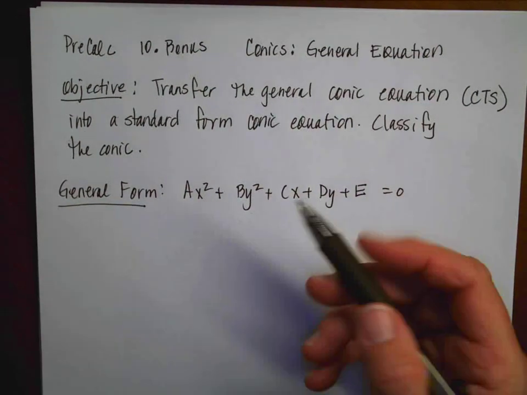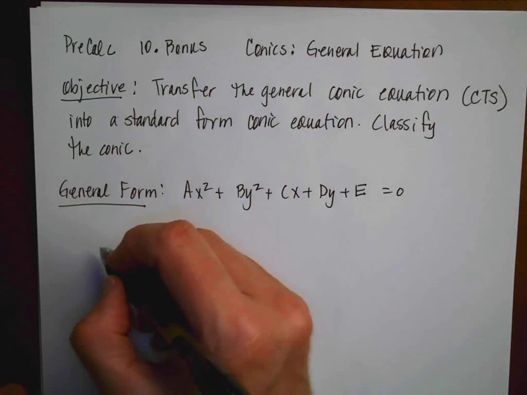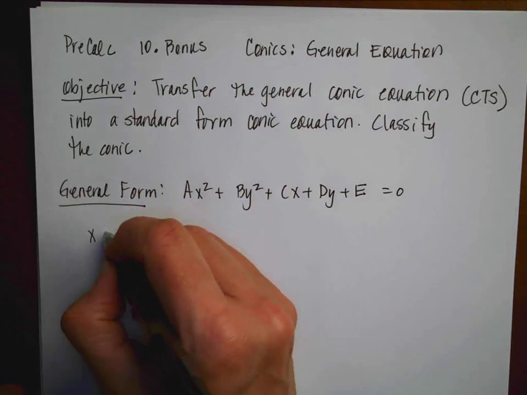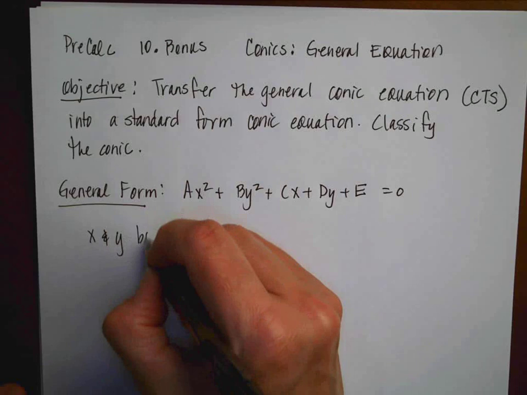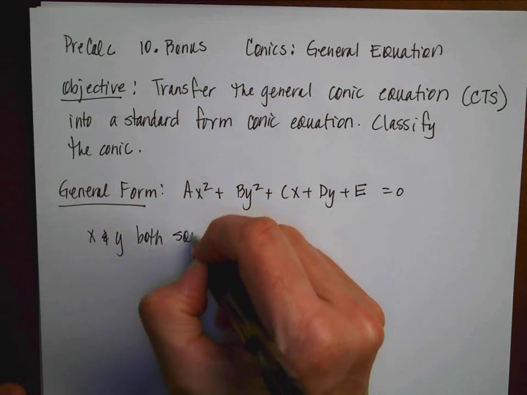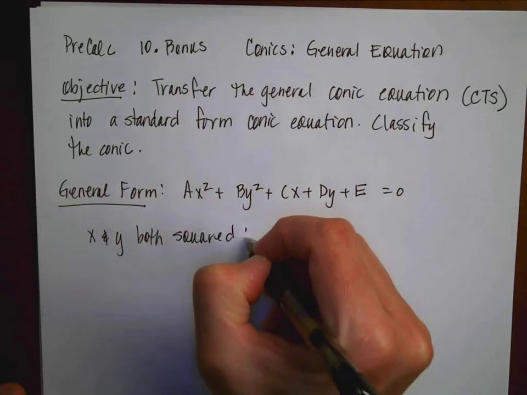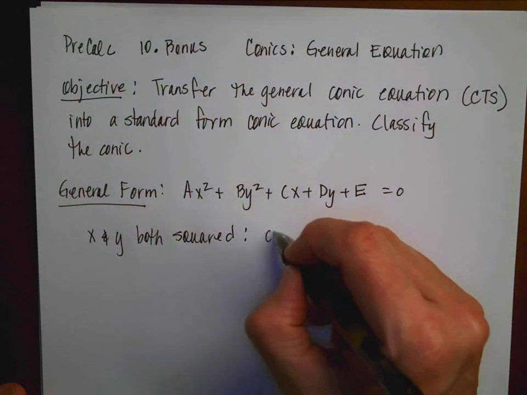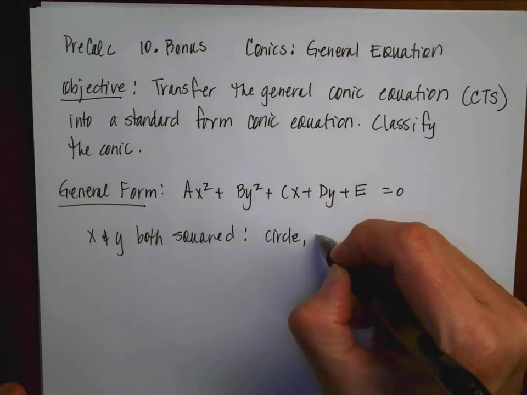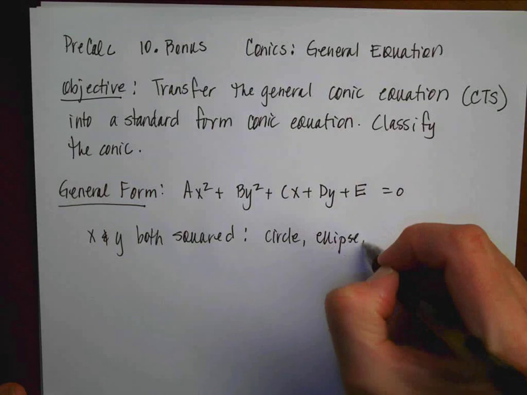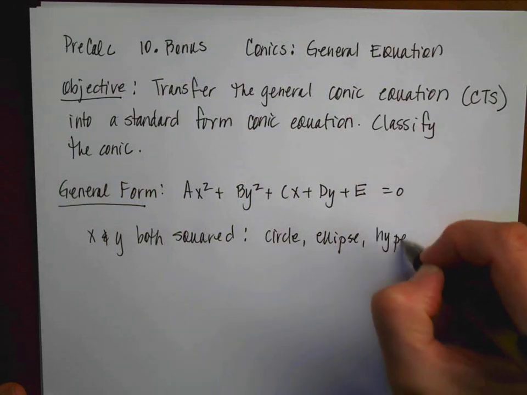Well, that's scary looking, but that is a conic because both the x's and the y's are squared, okay? And not always, but here's some things that we're going to look for. If x and y are both squared, then the possibilities are it could be a circle, it could be an ellipse, or it could be a hyperbola.